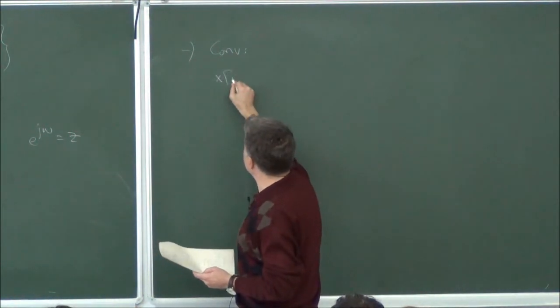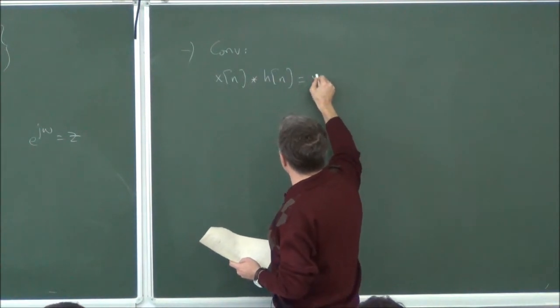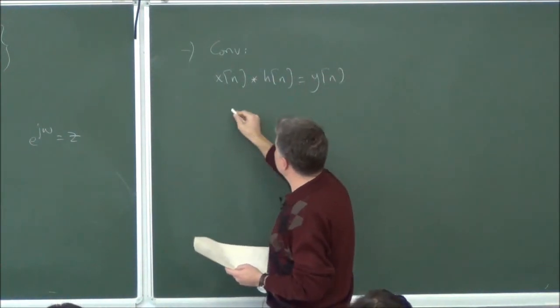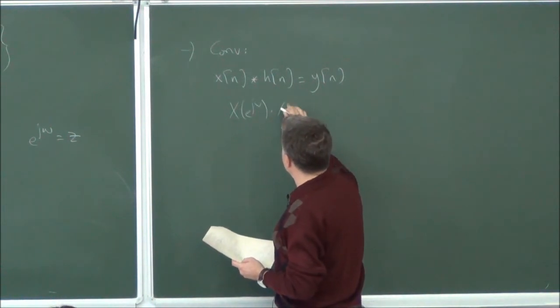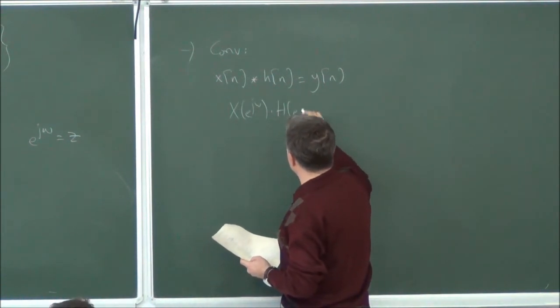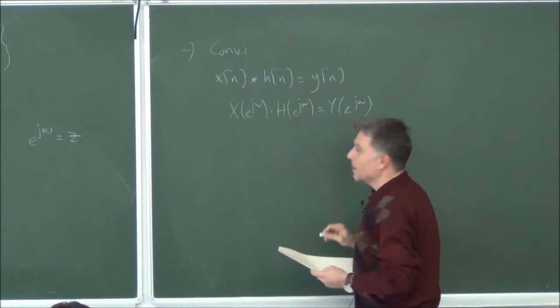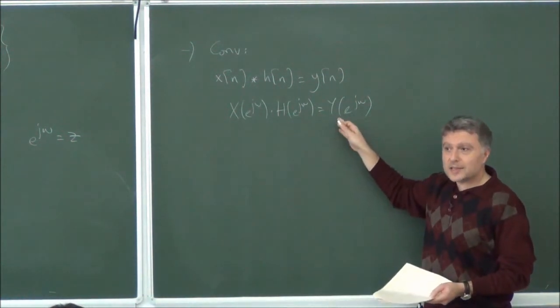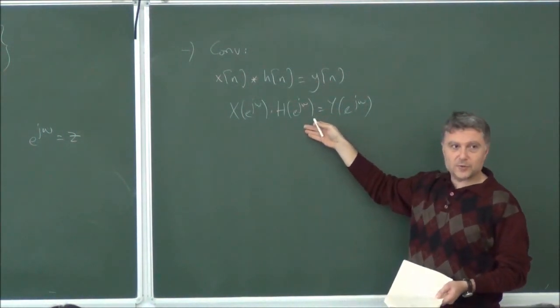If you convolve x of n and h of n to obtain y of n, that means X of e to the j omega times H of e to the j omega is equal to Y of e to the j omega. So convolution in time corresponds to multiplication in frequency.